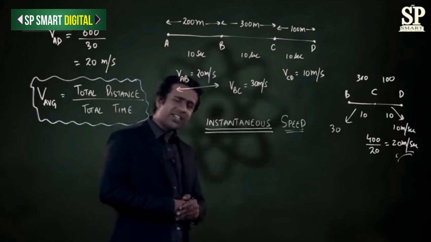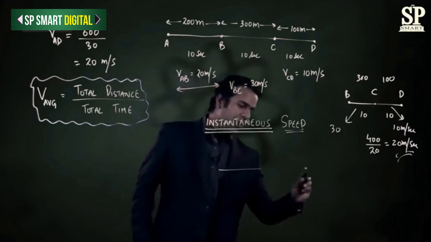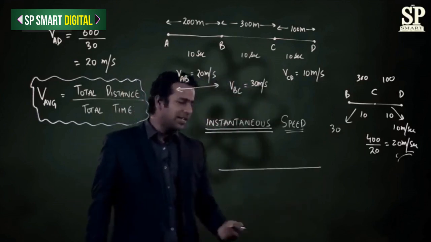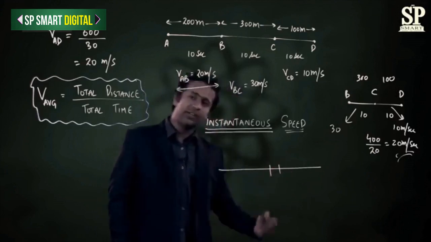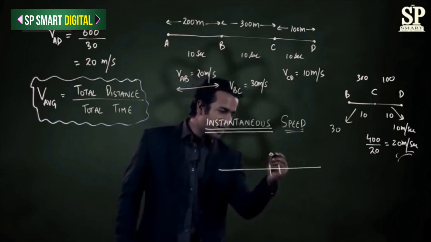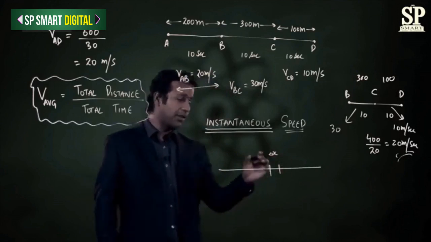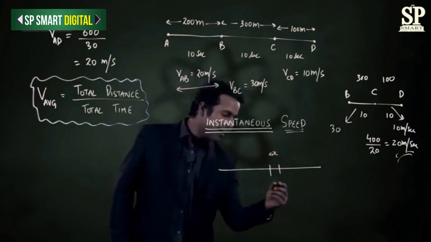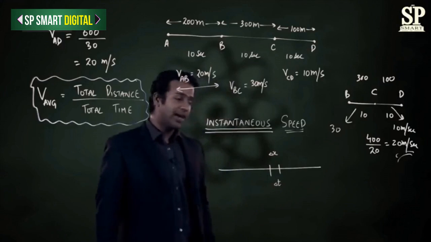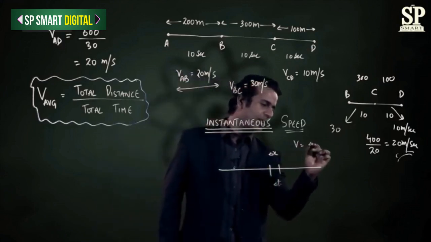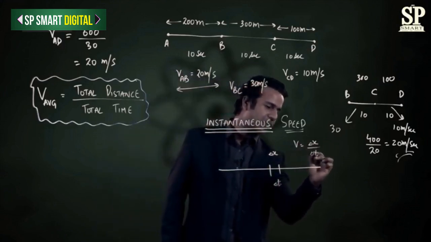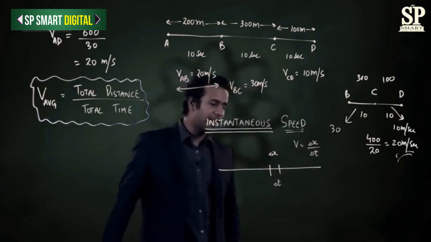Now, to measure instantaneous speed, you actually need to measure over very small intervals. You need to measure the very small distance covered in a very small fraction of time, and then that fraction will give you the instantaneous speed. So let me explain a few things here.